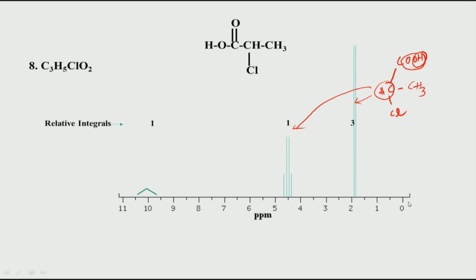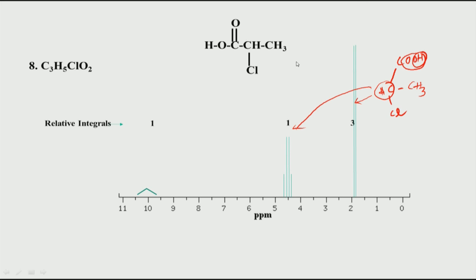Remember again, methyl peaks are between 0 and 2, and if it is at the edge of this, around 2 ppm, it means it could be a CH3 attached to a carbonyl, or a CH3 attached to some more electronegative atom. But here, because of this chlorine, there is an electronegative inductive effect.